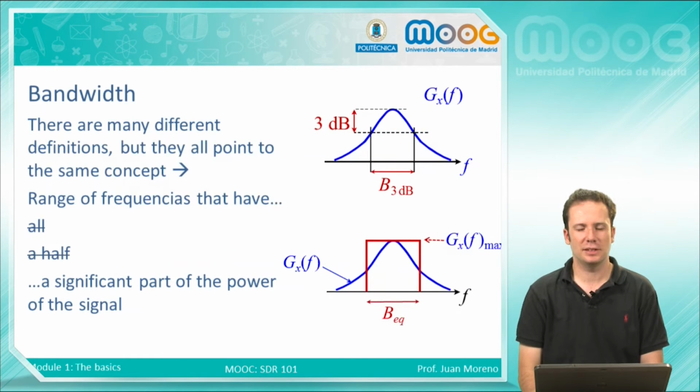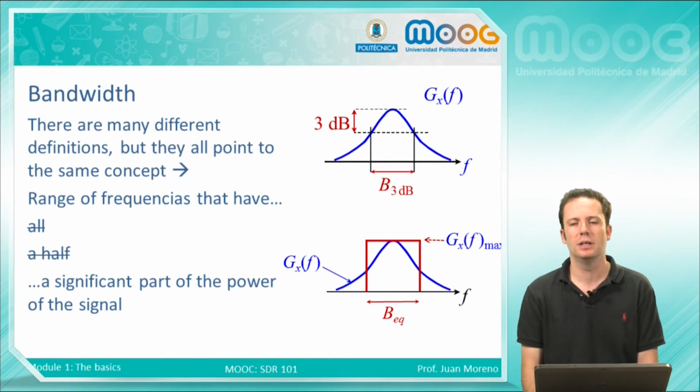The next important concept in this video is the bandwidth. You may probably have heard about it. What's the bandwidth? The bandwidth has a lot of different definitions, but all of them point to the same concept. It's a range of frequencies that contain something significant about the signal.